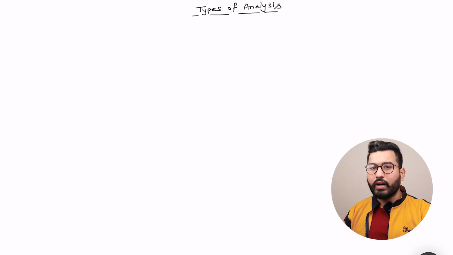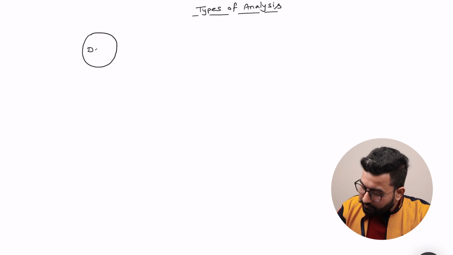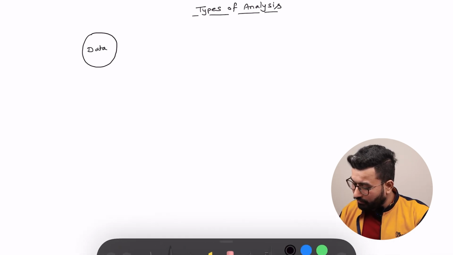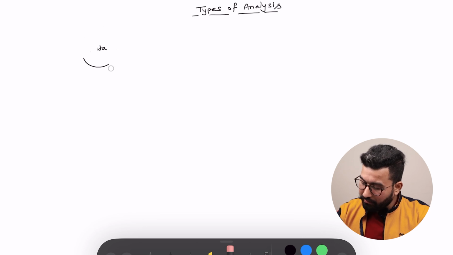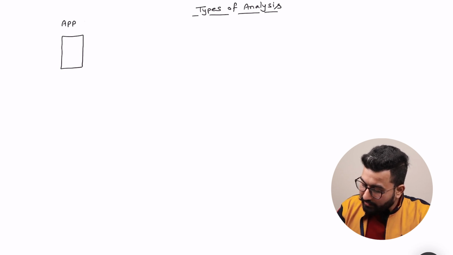So, what that means, first of all, if this is my data as collected by Zomato, let's take the example of Zomato again, so that we are able to write some analysis. So let's say this is the mobile application, the user application, which you and I use.